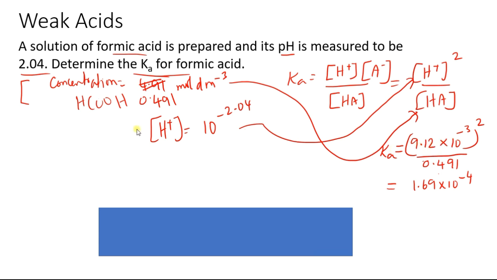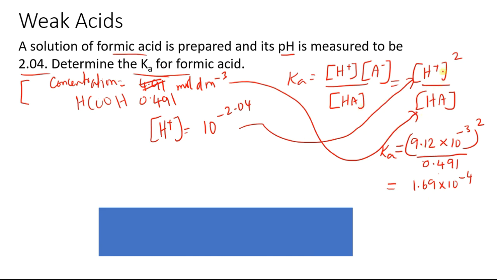This is the hydrogen ion concentration that you work out with the pH value, 10 to the power minus 2.04. Once you have the hydrogen ion concentration, that goes in here at the top, square that, divided by the concentration of the weak acid, which here is 0.491, and that gives you the Ka value. Remember the unit for this.